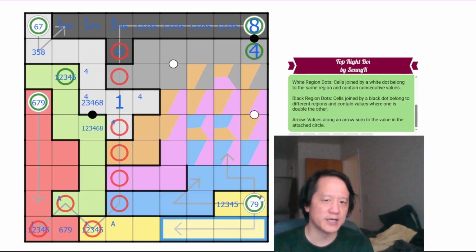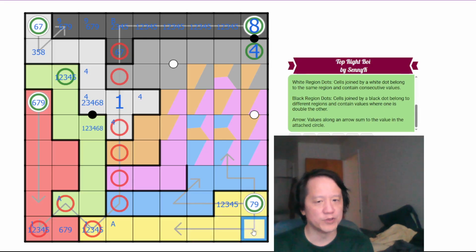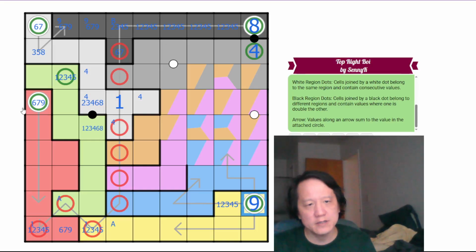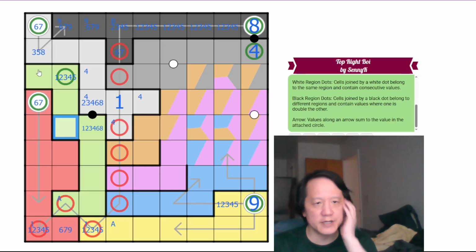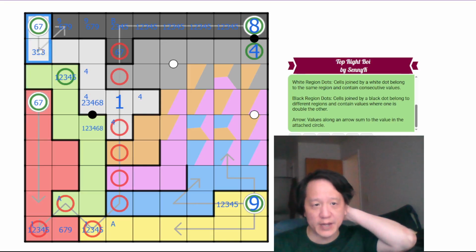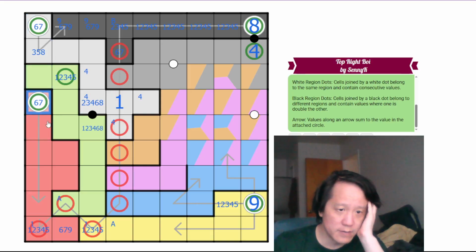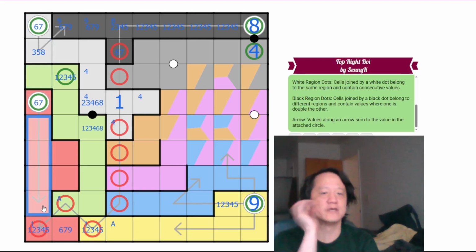And there's no other way to add up to 14 without a 1 for 4 digits except 2, 3, 4, 5. So this can't be 7. This is guaranteed to be 9. So that means this cannot be 9 here. We have a 6, 7 pair remaining in column 1. So this cannot be 6, 7.